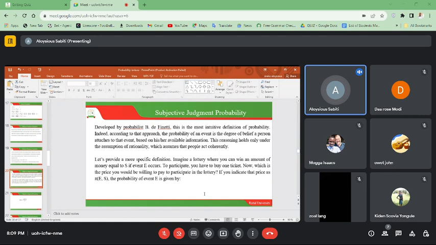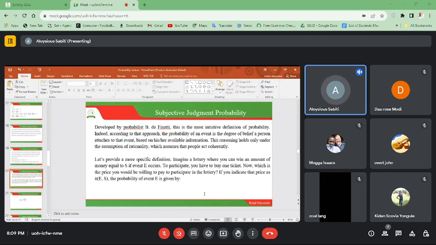Indeed, according to this subjective judgment approach, the probability of an event is the degree of belief, meaning it is a personal attitude. What is the belief of an individual? So in the approach of subjective judgment, we are saying that it is the degree of belief of a person, the belief a person attaches to an event based on his or her available information.